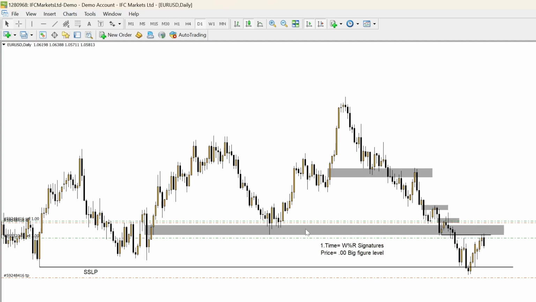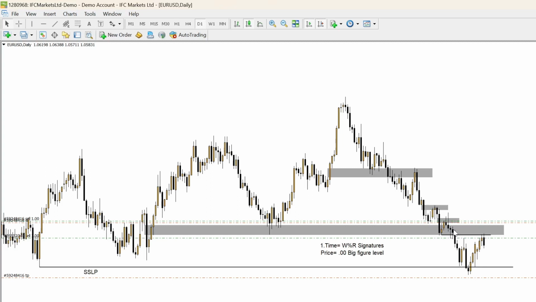We have the timing element. The fair value gap in here is essentially a breaker as well, mitigation. With this order block and this tiny little gap in here, that is our visual representation. That is price, like we went over, and time, the Williams %R signatures, overlapping.